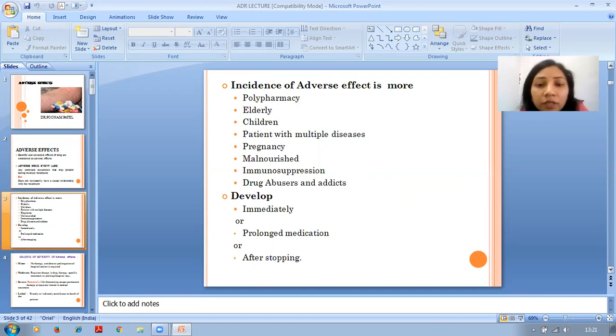Then in patients with multiple diseases, pregnancy, malnourished children, immunosuppression, drug abusers, and drug addicts, adverse effects are again very common. So adverse effects can develop immediately when we give the drug, or they can appear after prolonged medication or after stopping a drug.